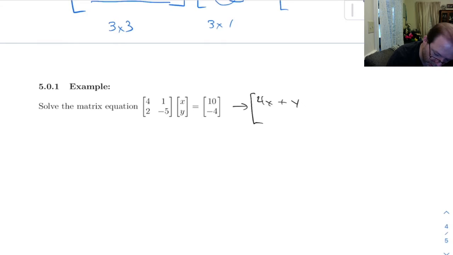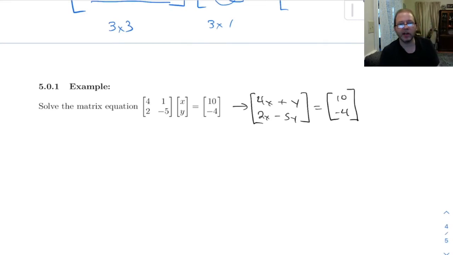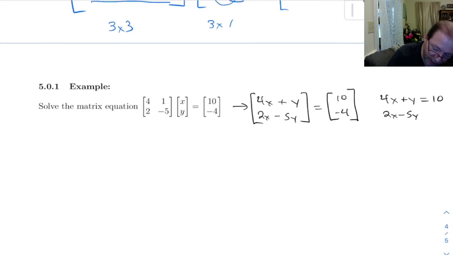I'm going to be all formal here. 4x plus y, then 2x minus 5y equals 10, -4. So we could write it out like that, and that gives us 4x plus y equals 10, and 2x minus 5y equals -4. So that's the system we want to solve.